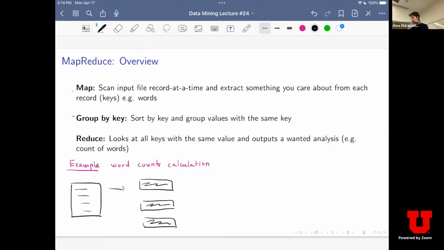Okay, now the map operation will extract whatever information you are interested in from each one of these chunks of data, but such that you also record what is the key, a kind of piece of information. So in the word counts example, your key is going to be the word.